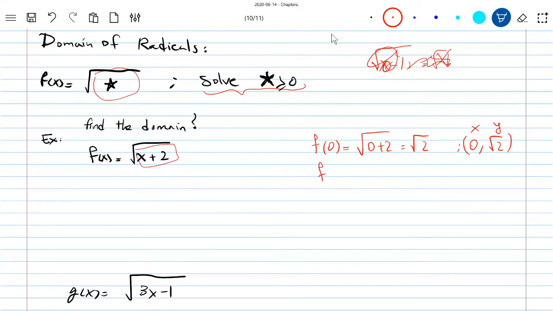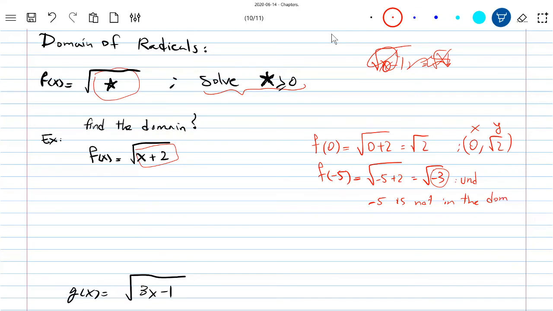But is it possible to replace negative 5, for example? If I do that, I get negative 5 plus 2, which is square root of negative 3. That is not possible because square root of negative 3 is going to give you a complex number. We assume this is undefined in real values. In complex form, it's possible, but it's only real valued functions that we discuss. So this is undefined. So I say negative 5 is not in the domain.